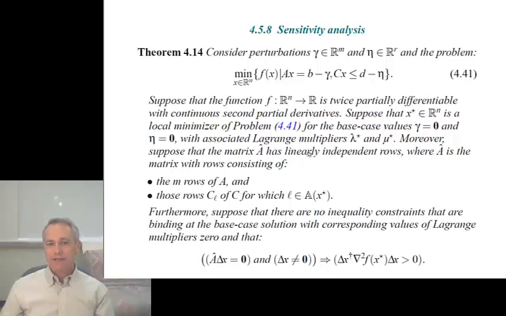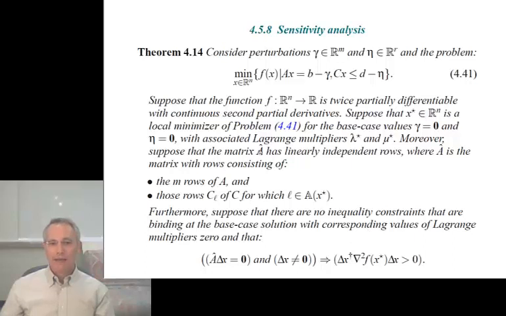If that matrix has linearly independent rows, and furthermore, if I look at the Lagrange multipliers on the inequality constraints, if any of them are binding, I need to have that their Lagrange multipliers are non-zero. In other words, there are no inequality constraints that are binding with corresponding values of Lagrange multipliers 0.